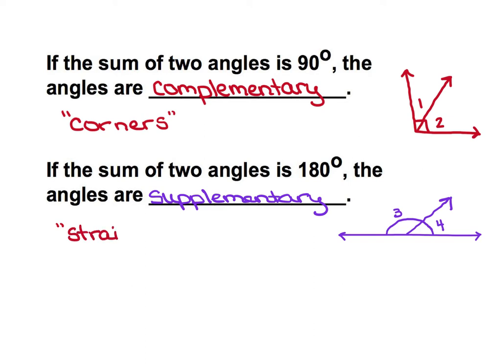And what do we know about the straight angle? 180 degrees. So we can keep 2 similar words to help us there. Corners and straight, complementary, supplementary. They've got the same front letter, so it should maybe help. We good? All right.